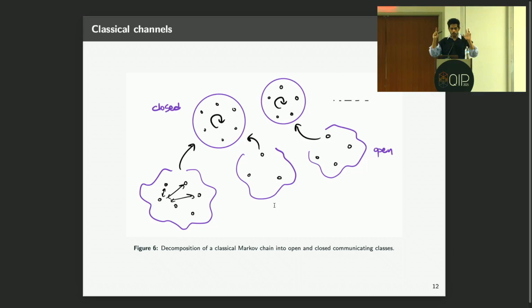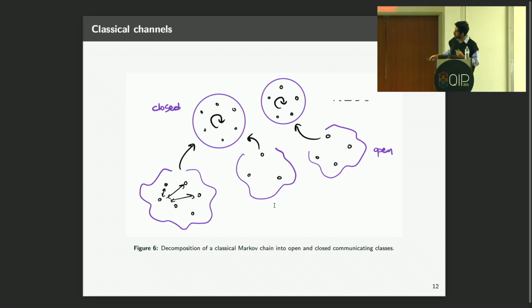So this is like strongly connected in some sense. But some of these classes might be open, in the sense that there might be a non-zero probability of you transitioning out of this class once you're inside. And some of them are closed, in the sense that once you're inside this class, you're just trapped forever. So these closed classes, you can think of them as their own noisy process, independent of everything else.